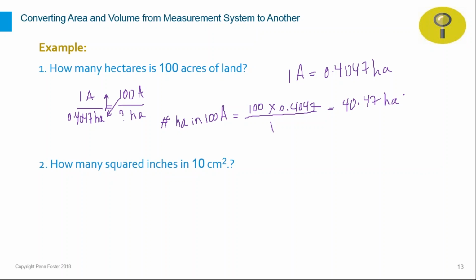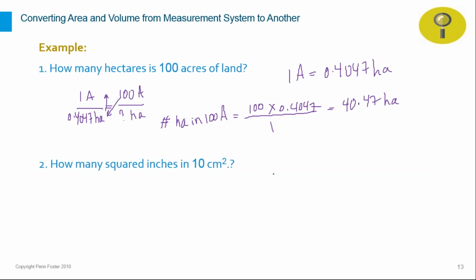How many square inches are in 10 square centimeters? I don't care which one is metric. I know the English one is square inches and the metric one is, of course, square centimeters, but I don't have to squeeze my mind and bring that into my solution. I just have to do it the way we learned with method number 2.